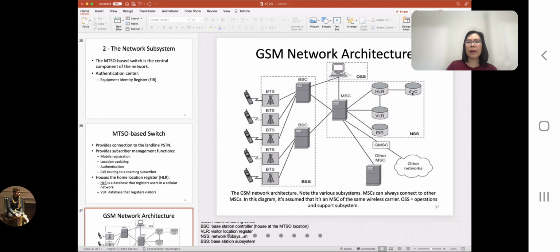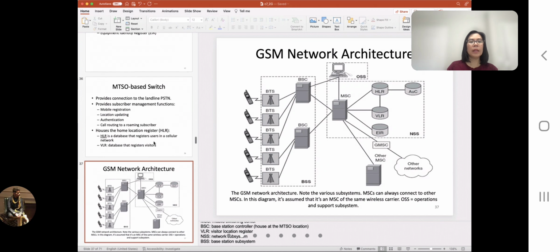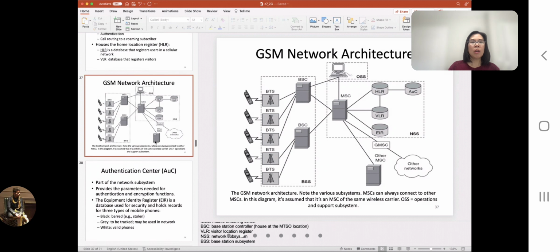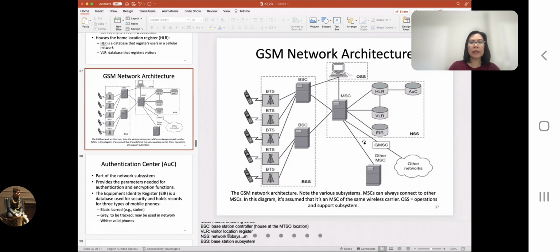And then we have an authentication center. By the name, it indicates that it is used for authentication and also for security purposes, for encryption purposes. And the authentication center uses another database, which is called the equipment identity register.